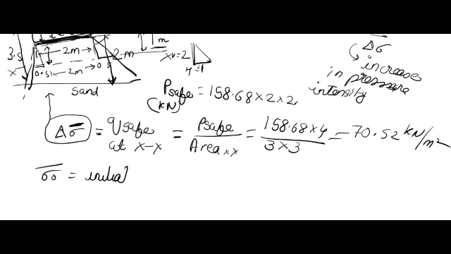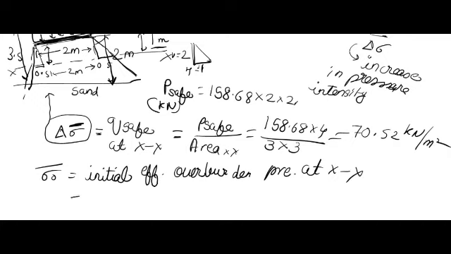To find sigma 0 bar, we need the distance of xx from the top, from ground level.